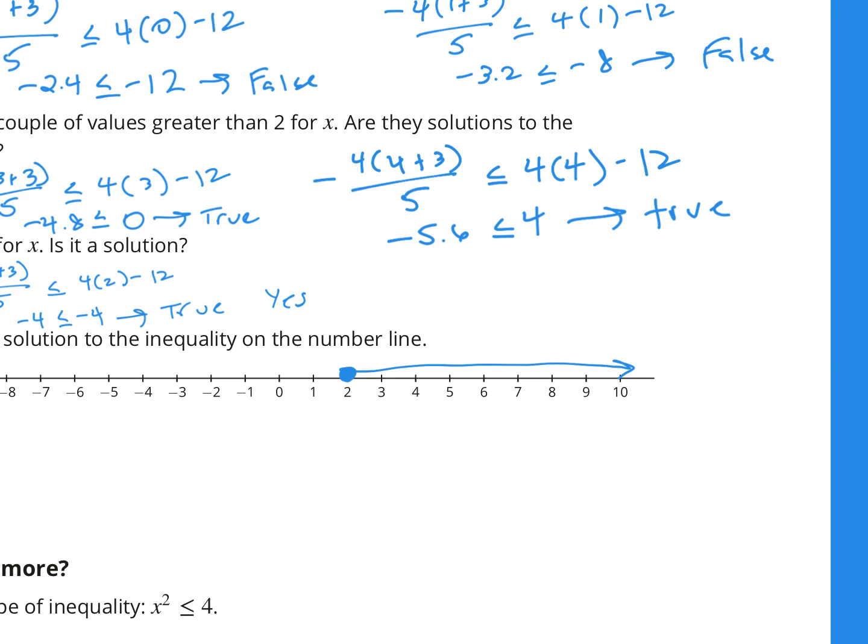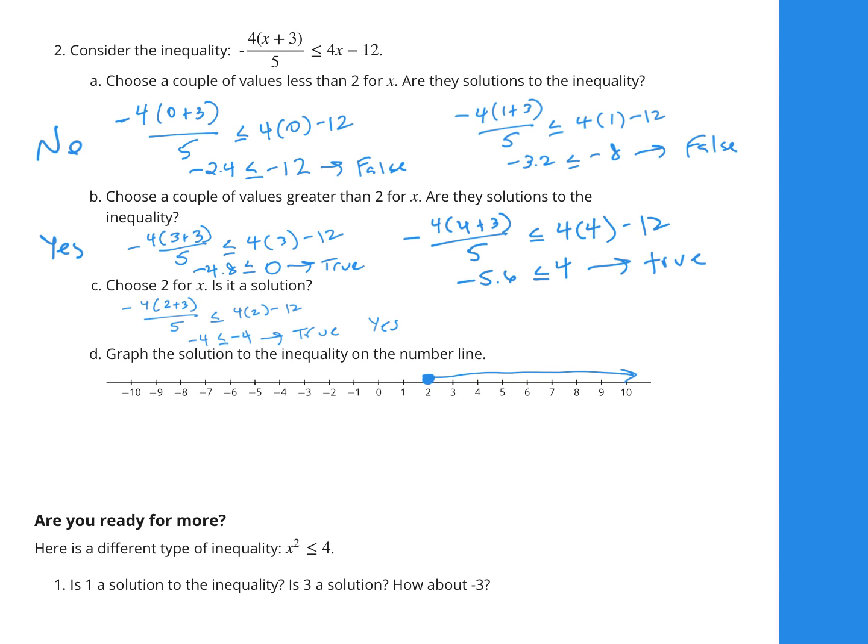So the key thing to remember with solving inequalities is that you determine which way to draw your line based on where the solution set falls. And you need to do a solution test to determine that.